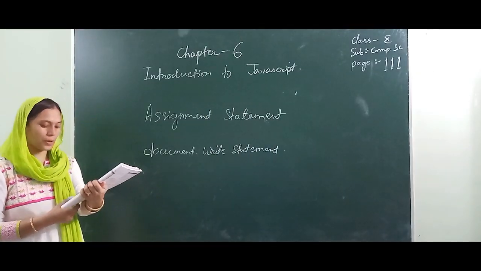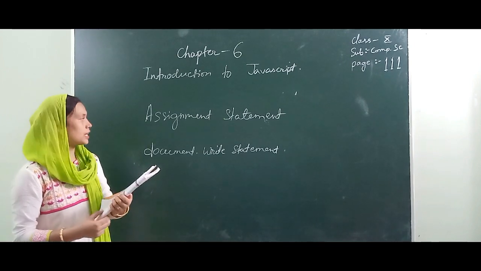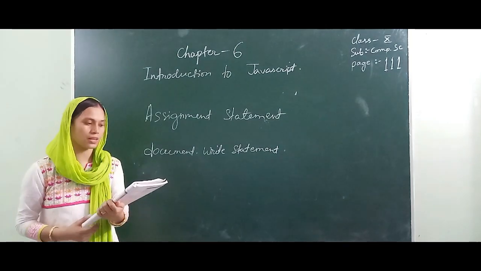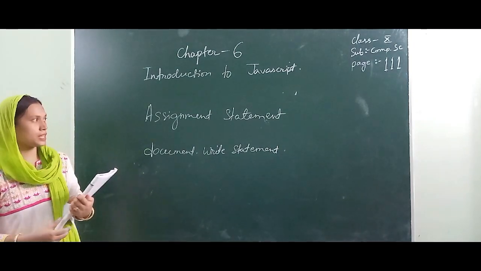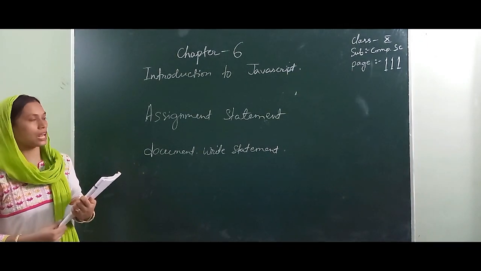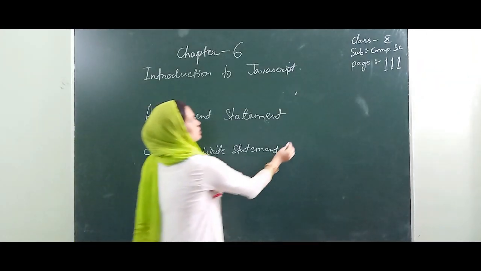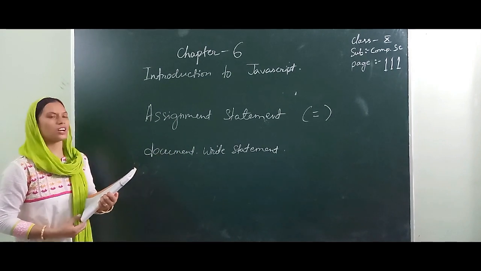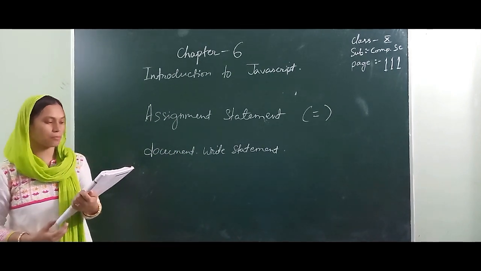Okay, next, open page number 114. Assignment statement and document.write statement. Assignment statement, as we have already learned in class 9, the single equal to is known as assignment operator or assignment statement.